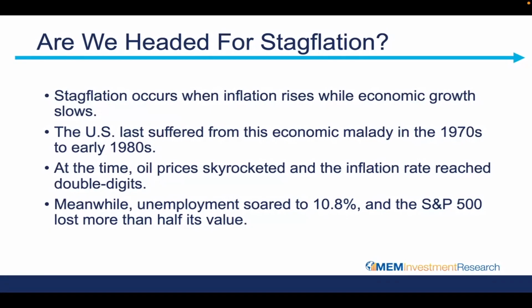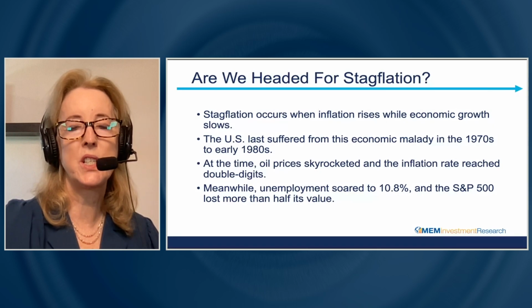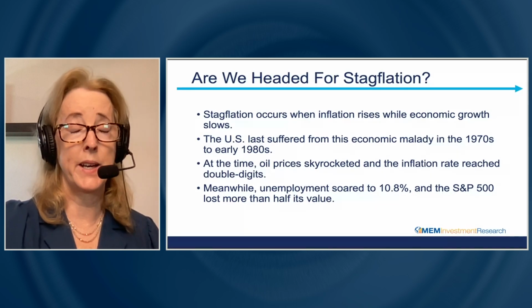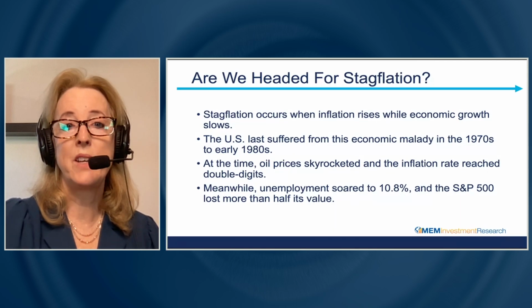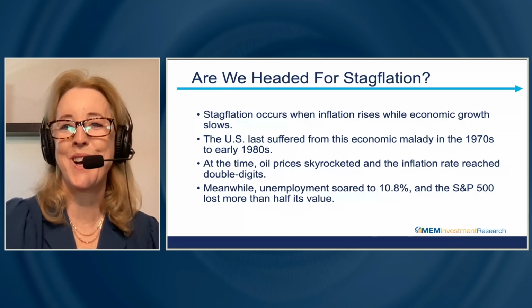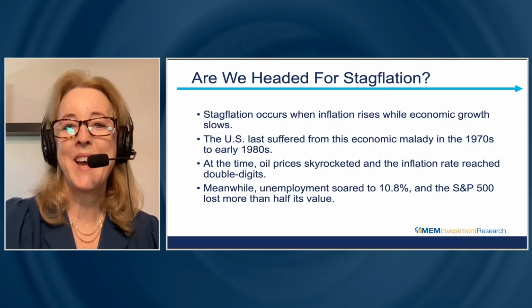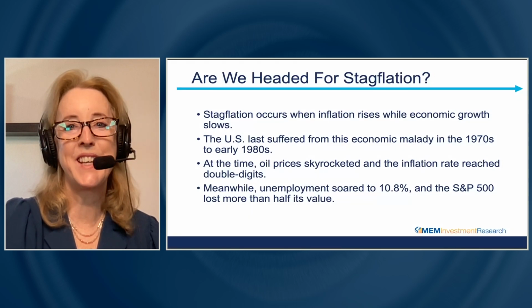So let's also talk about where we are. There is talk that we may be in for what's called stagflation, and stagflation is an economic phenomenon, if you will, that occurs when inflation rises but economic growth slows. The last time that we did see this stagflation backdrop was in the 1970s into the early 1980s.